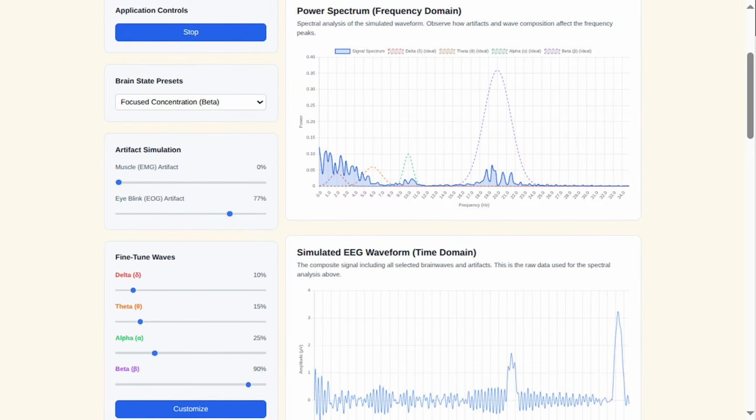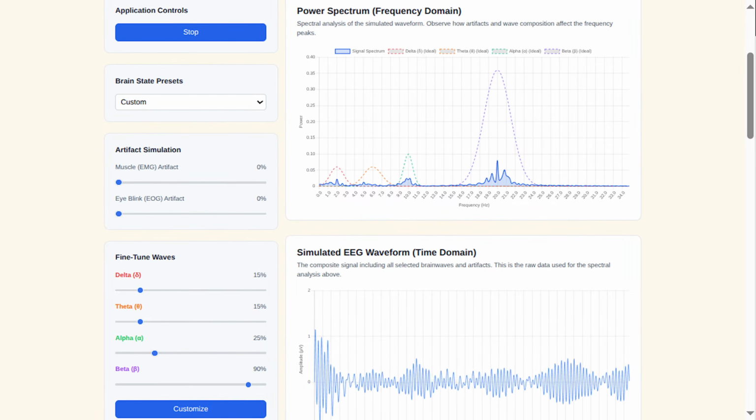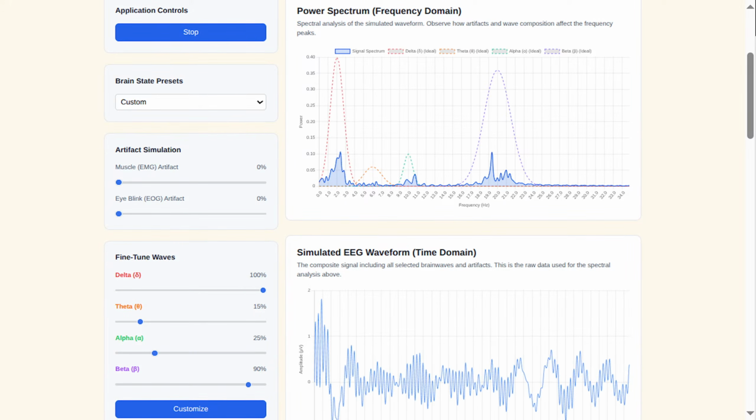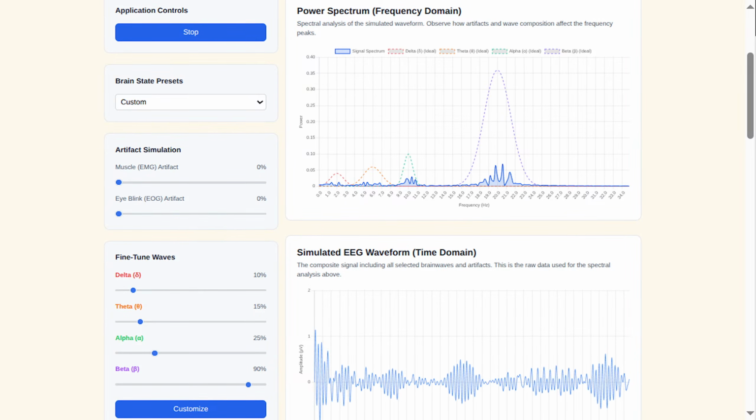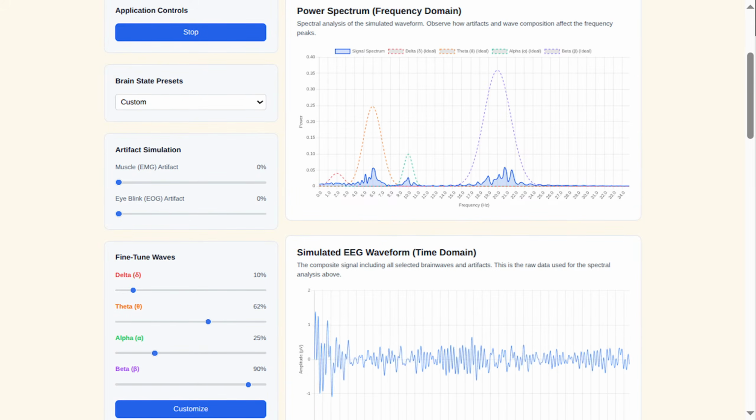So that brain visualization thingy. It's that model. It's the American Epilepsy Society. Can you just download it?